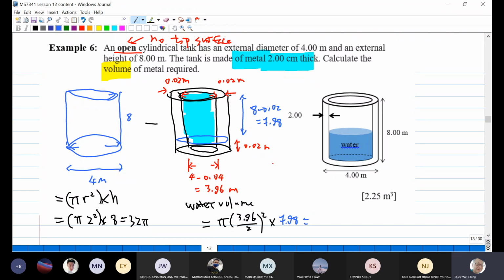So let's press the calculator and see what this thing is. So pi times 3.96 divided by 2 and square it, times 7.98.